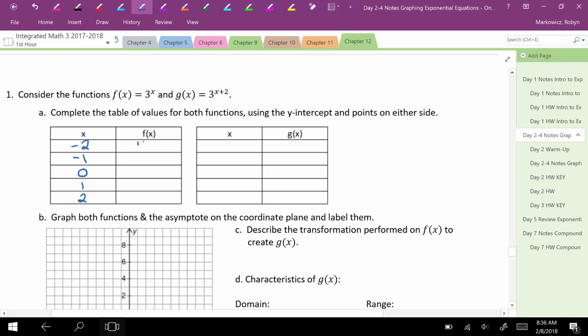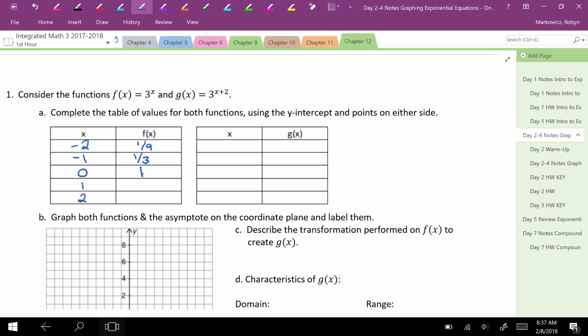So we get 1/9. What is 3 to the -1st? 1/3. Anything to the power of 0 is? 1. Anything to the power of 0 is 1.